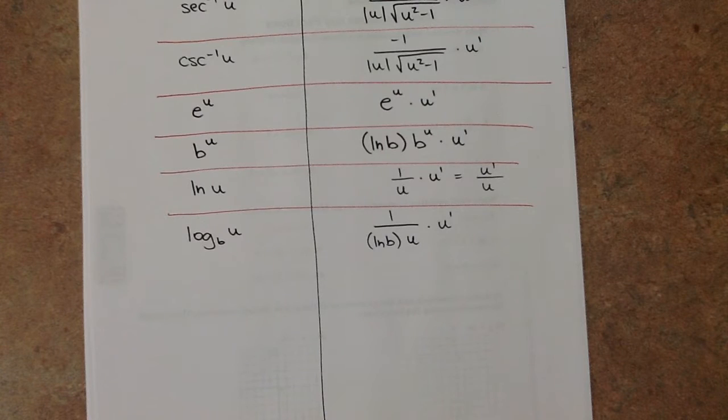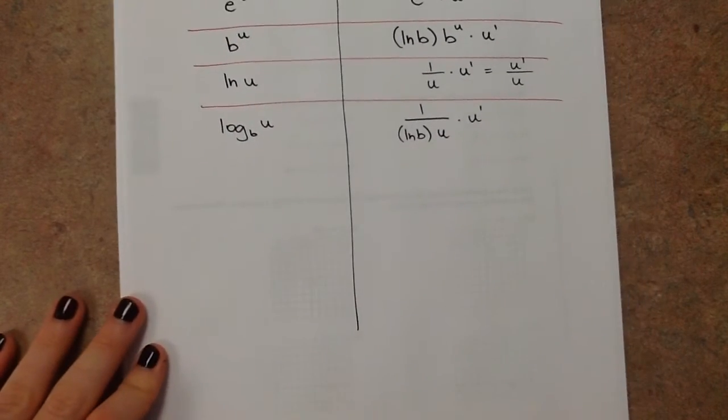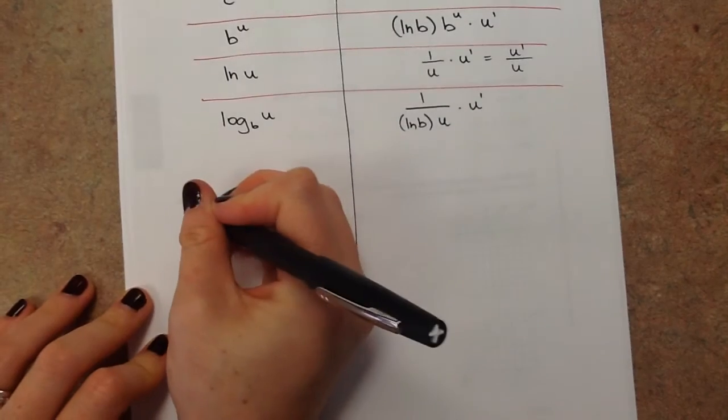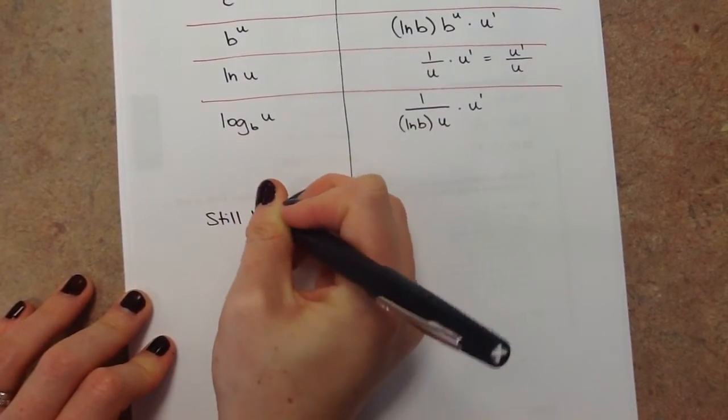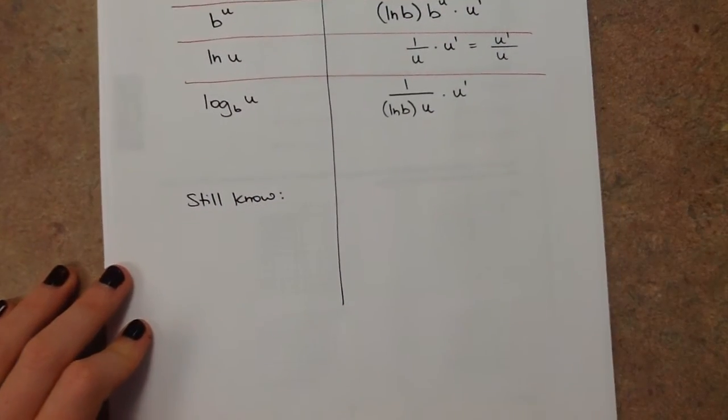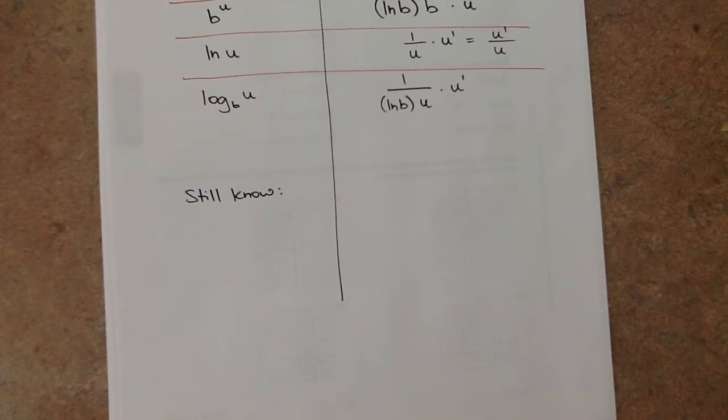So just a couple things, because I'm going to go into detail on implicit differentiation, inverse derivatives, and logarithmic differentiation. First thing I want to mention is some things that you should still be able to do. Two big things that you should still know how to do.